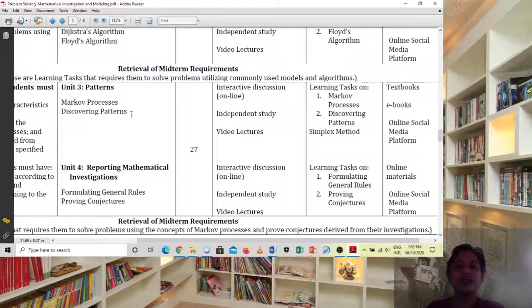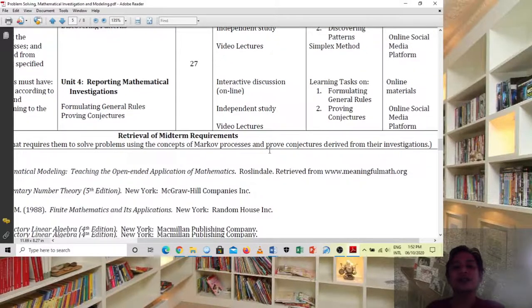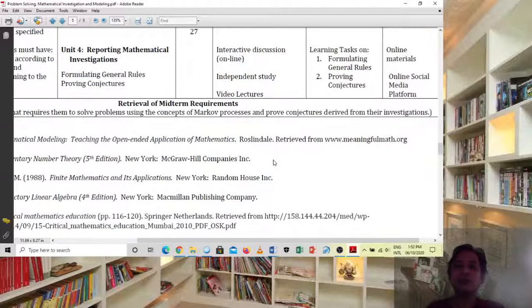For each topic, you would be given one learning task. You would have to do those learning tasks and submit your solutions through a direct message to my personal messenger account, and not in the group chat. I hope that is understood. We don't have any textbook for this subject, but I would be uploading from time to time detailed discussions on the topics that we would take up.